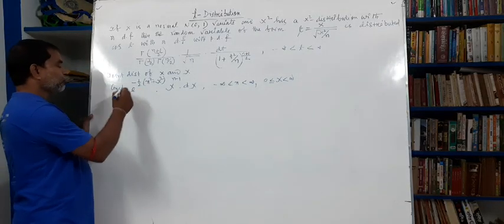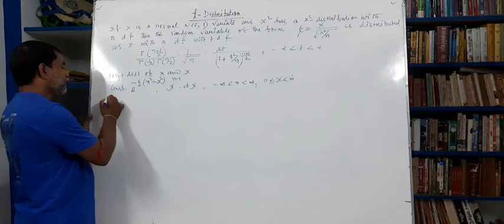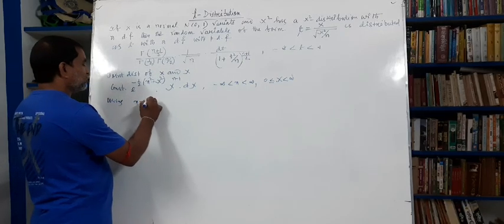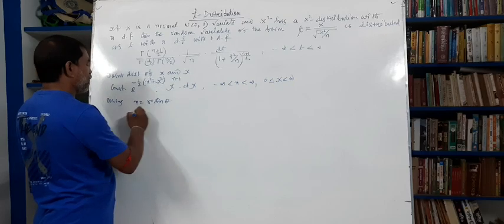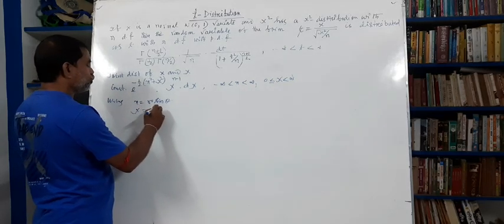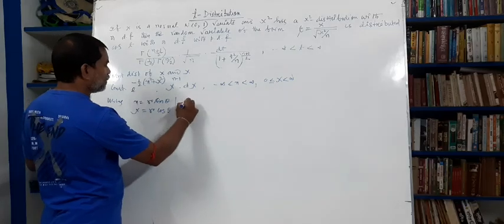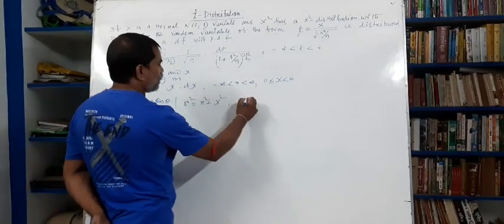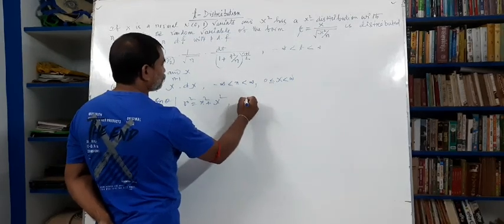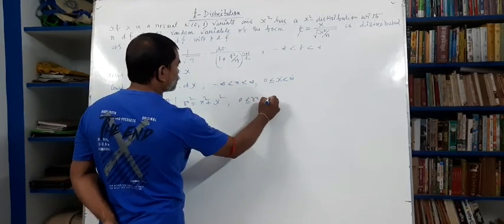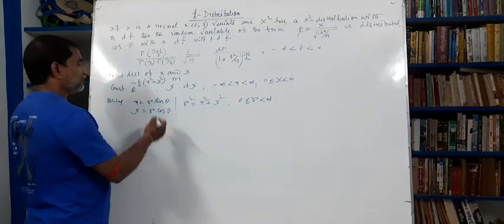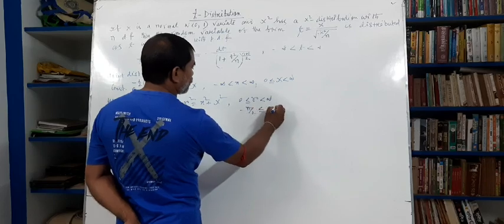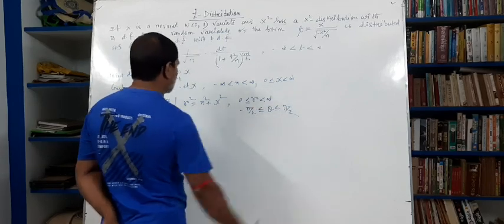Now it is transformed into polar using x equal to r sin theta and chi equal to r cos theta, then r square equal to x square plus chi square, where 0 less than or equal to r less than infinity, and theta varies from minus pi by 2 less or equal to theta less or equal to pi by 2.